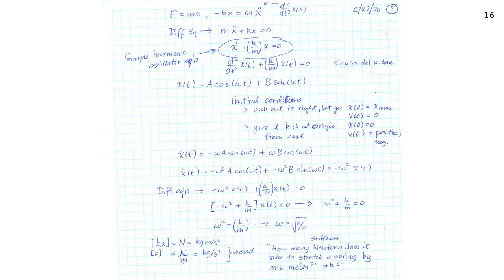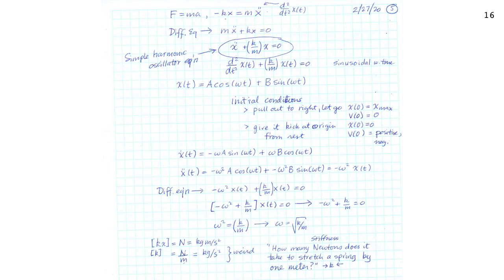And that's a key: anytime you're working with some weird force and you can massage it into x double dot plus a constant times x equals 0, then whatever that variable x is, it's going to oscillate. And that's something that's important. Okay, so this means that the angular frequency is equal to the square root of that.